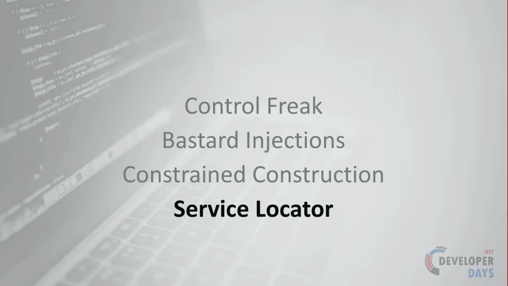And the last one is probably the most well-known. It's something called service locator. Anybody use that? So service locator, I can actually still recognize that service locator in .NET Core, something called IServiceProvider.